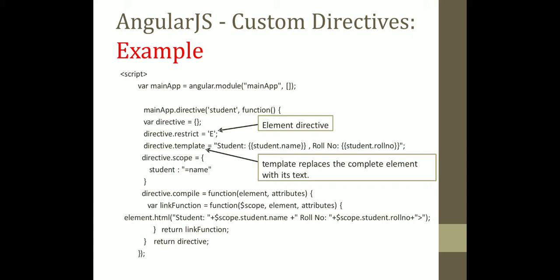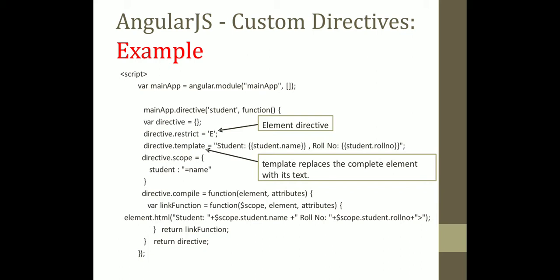Next, how to use that element directive: directive.restrict equals to E. So this is the element directive. The first line before that was var directive equals to empty brackets, so that will define the directive object. Second, directive.restrict equals to E, the element directive.